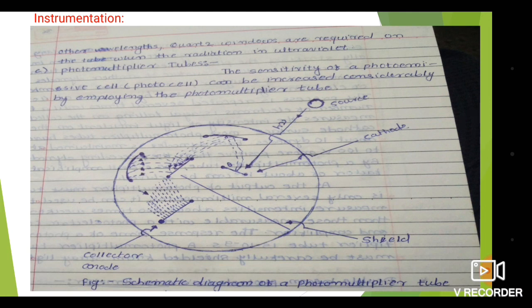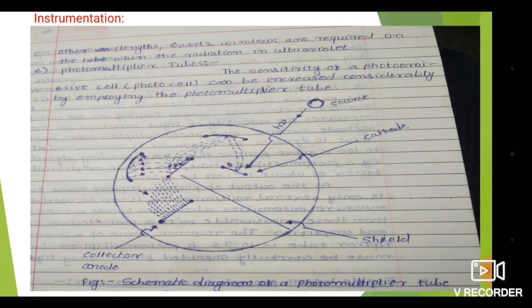Most photomultiplier tubes have about 10 dynodes. Each dynode is maintained at about 75 to 100 volts more positive than the preceding dynode. An overall amplification factor of about 10 to the power 6 can be achieved, as the output of the photomultiplier tube is only several milliamperes.